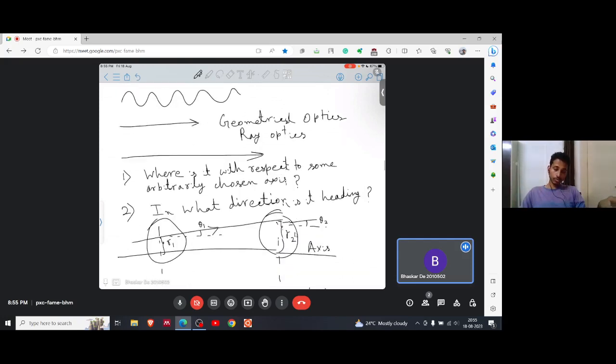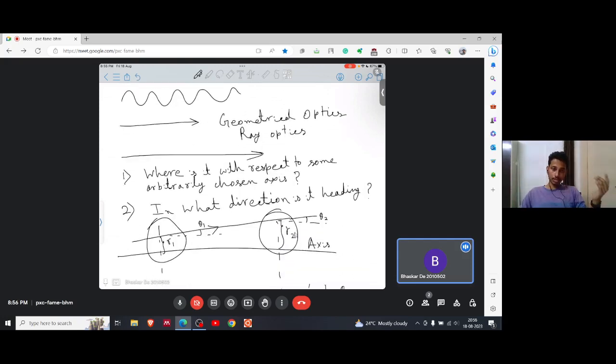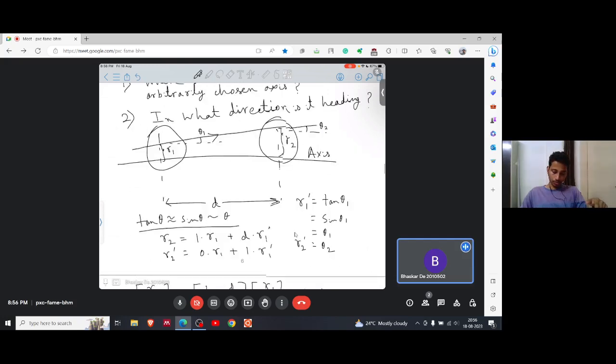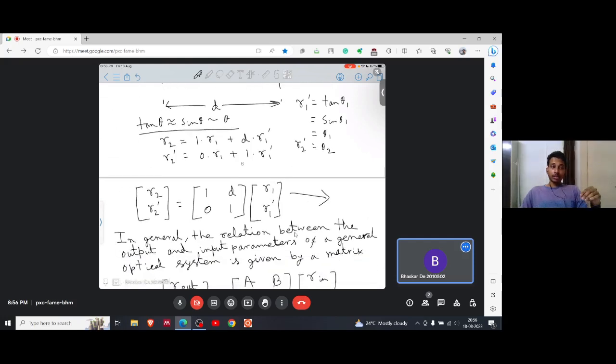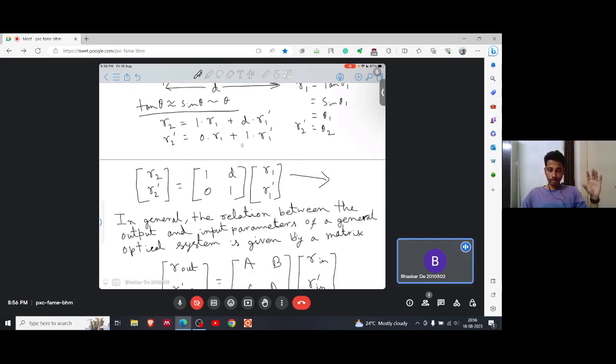Here we need to answer only two questions: where is it with respect to some arbitrarily chosen axis, and in what direction is it heading. From that, by using a simple 2 cross 2 matrix, we can calculate the position of the beam after a large number of reflections from the optical cavity, or you can say the round trip in the optical cavity.